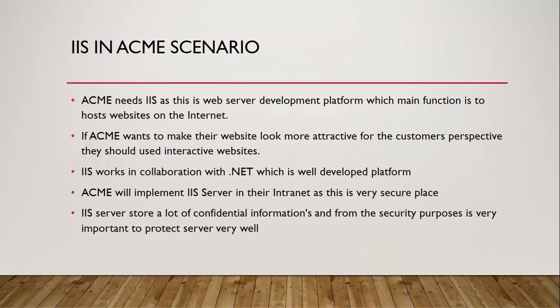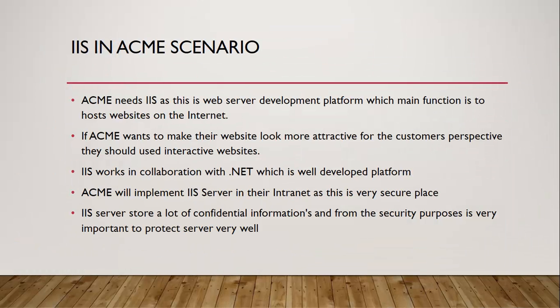Next, I'm going to tell you why Acme needs Internet Information Services. Acme needs Internet Information Services as this is a web server development platform whose main function is to host websites on the internet. If Acme wants to make their websites look more attractive from the customer's perspective, they should use interactive websites.